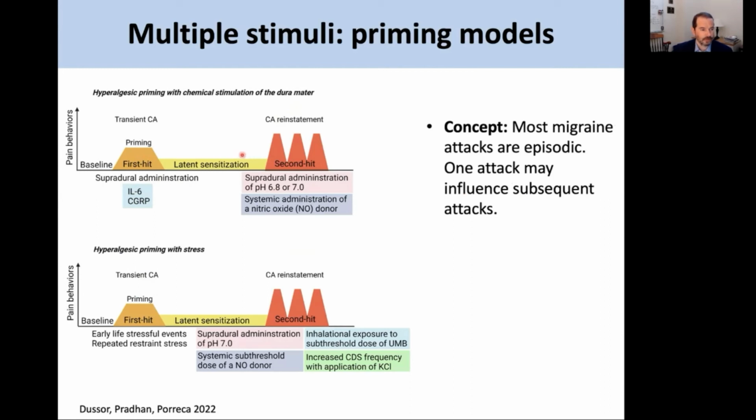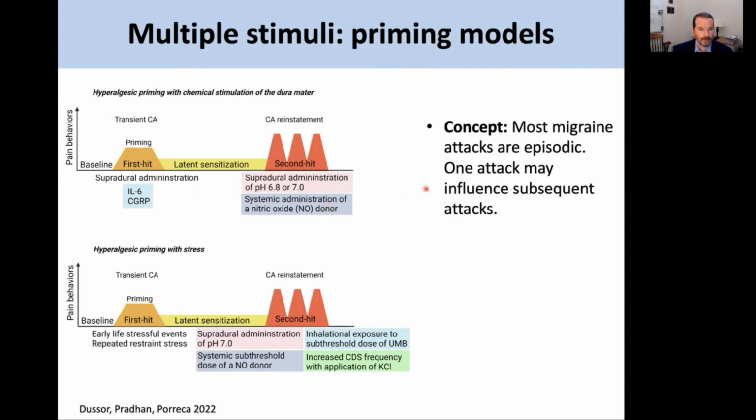Then the animal enters what's referred to as a phase of latent sensitization, where it looks otherwise normal. But then you can come back to the animal and give it a stimulus that in a normal animal would not cause a response, but in an animal that was previously exposed, it causes a response. The second stimulus can be a mild pH stimulus on the meninges, a nitric oxide donor, any number of things.